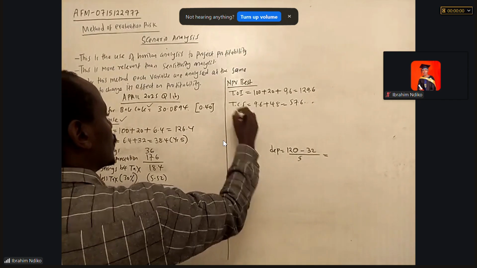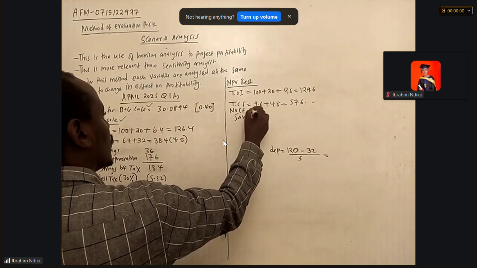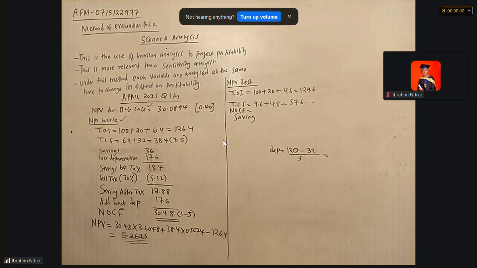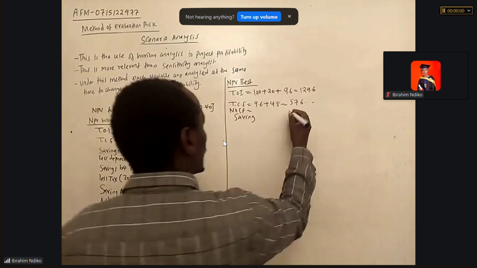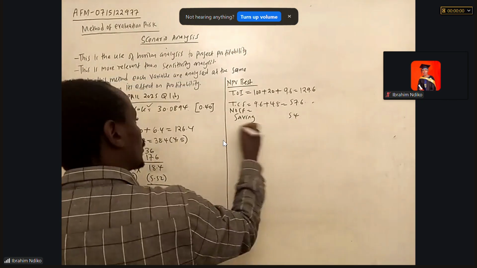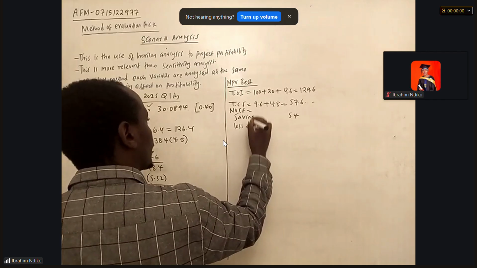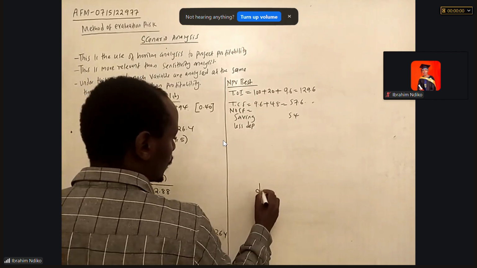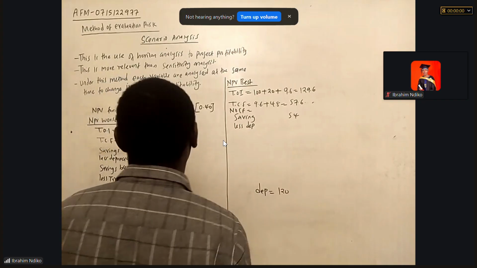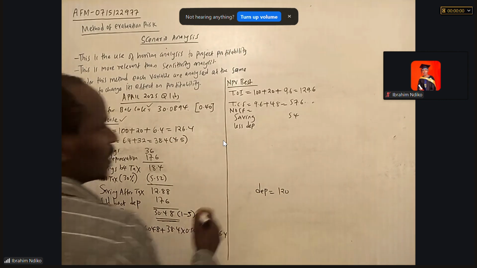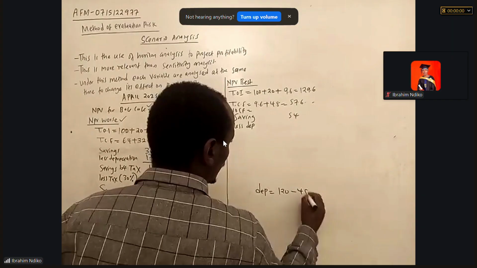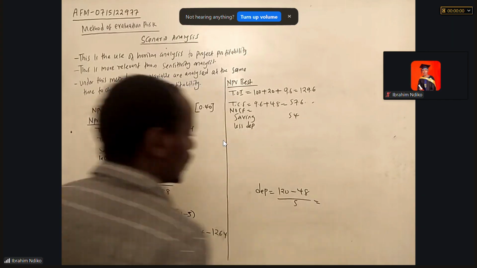Then we need the net operating cash flow. So what are our savings for that one? Savings are 54 million. We are supposed to get depreciation. We are supposed to take the effective cost minus salvage value, which is 48.